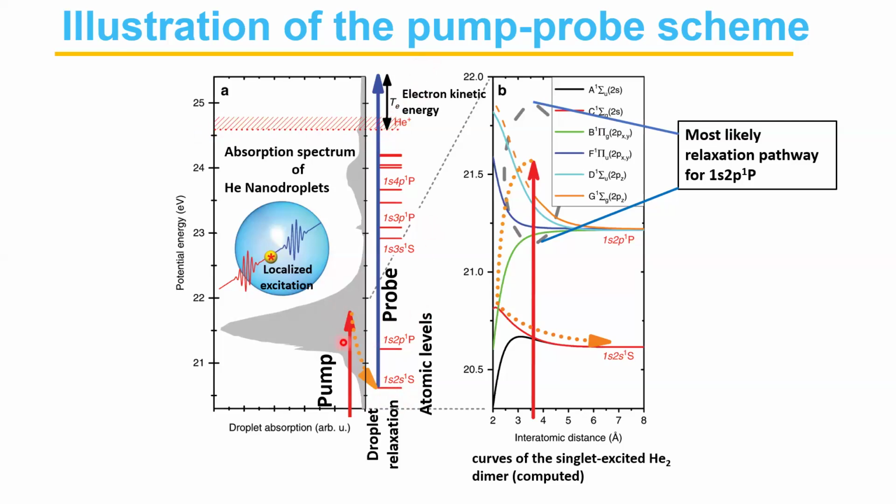So if you look at this internal conversion relaxation, which will be explained in more detail by Dr. Devi Prasad in the coming slide, what we understood is that if you plot the potential energy versus the interatomic distance of the different states available, and you use a pump to excite it roughly around 21.6 eV, which comes into the 1s 2p state, due to this mixing of bands or crossing of the bands between this green B1 state, the 2pxy state, and the red, which is the C state, there is this internal relaxation of the electrons directly into this state that also takes some energy along with it.